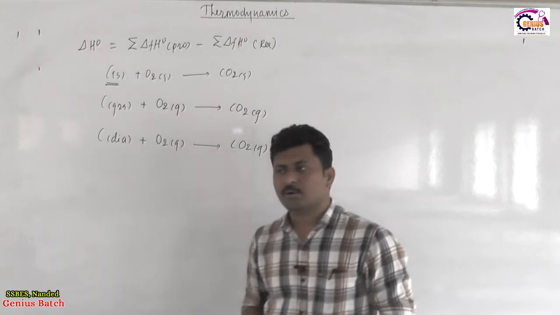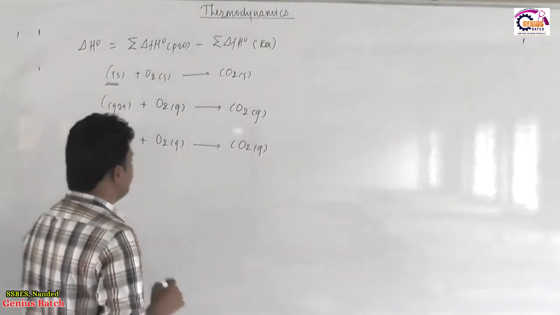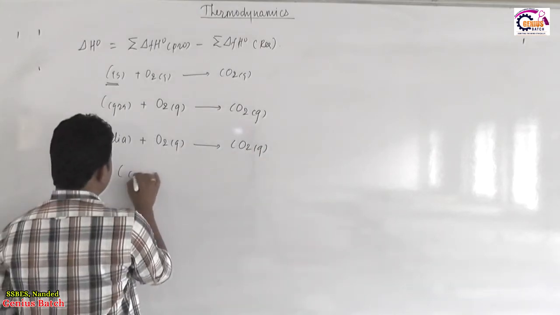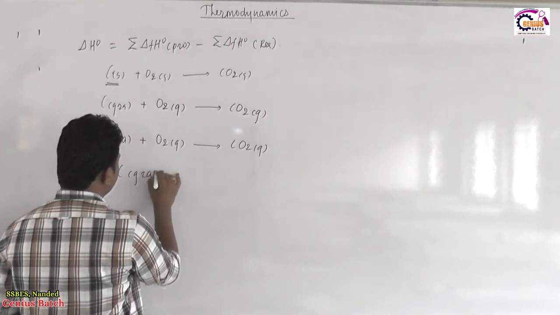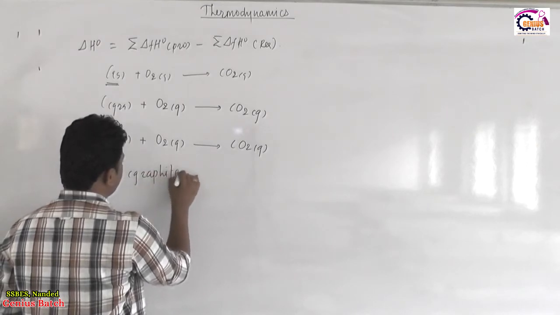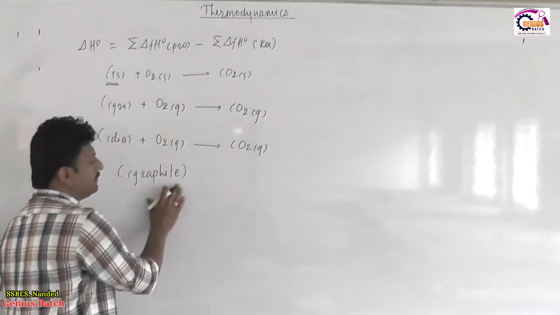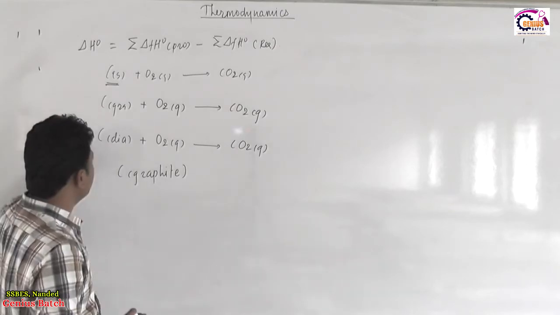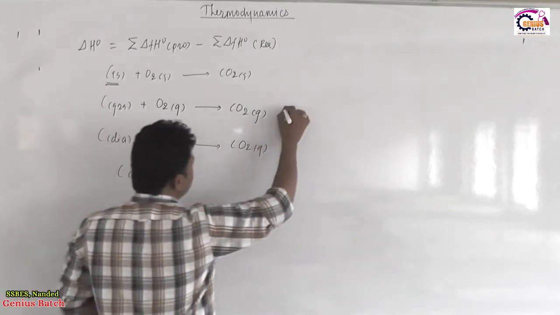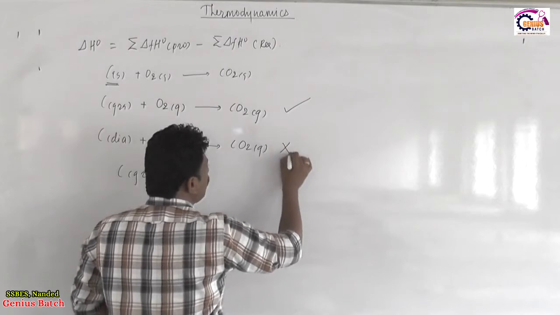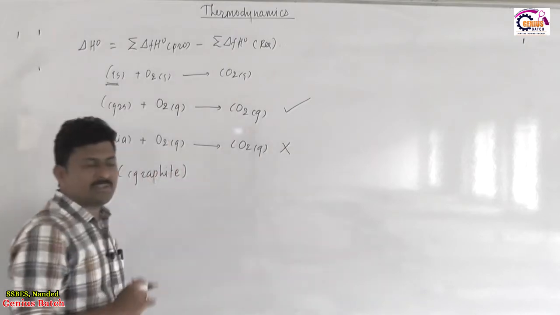Out of all the allotropic forms of carbon, when carbon is taken as graphite, this is considered the standard state, carbon graphite. So the first equation will be a standard formation reaction, the second is only a formation, not standard.